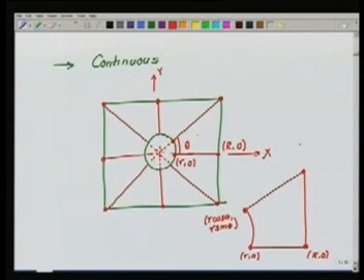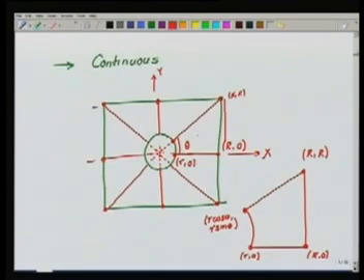This one is point R, and here the other coordinate we can easily obtain, let's say it is a square, so this distance is R, and this distance is also R. This is point (R, R).